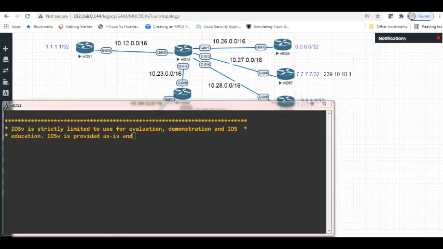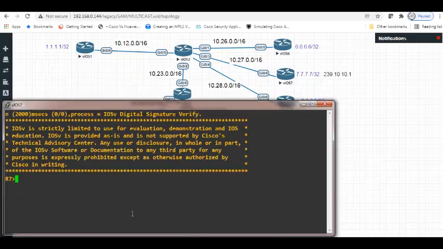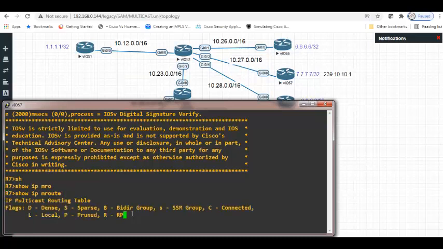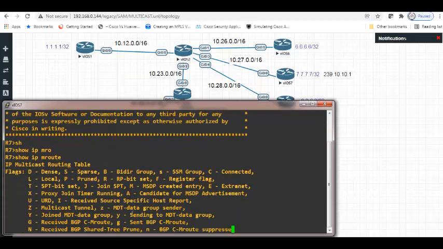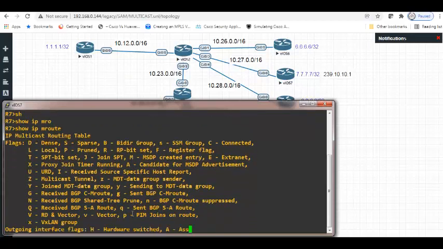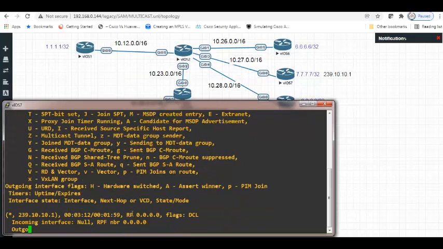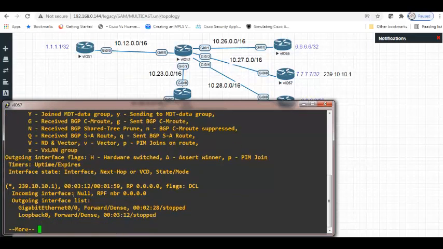Okay, so I'm going back to router 7 to show you show ip mroute. This router will have 239.10.10.1 because we have used the IGMP join-group command under the loopback interface to join this group. Now you see 239.10.10.1, it is on the loopback interface.